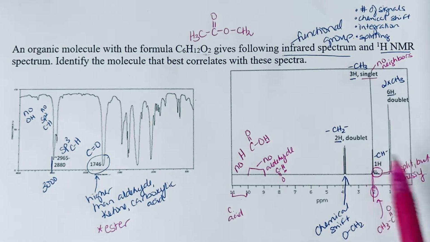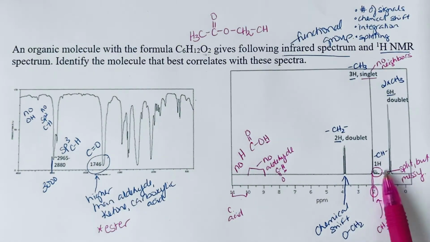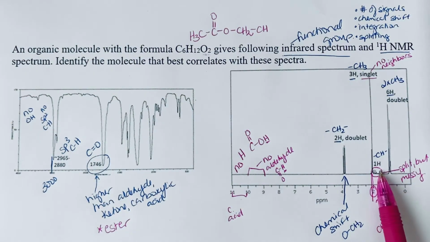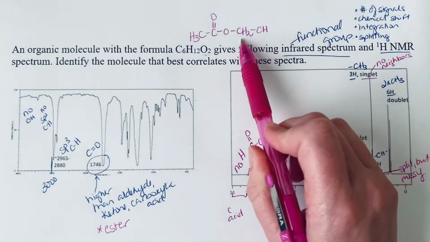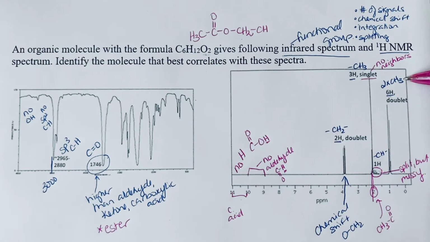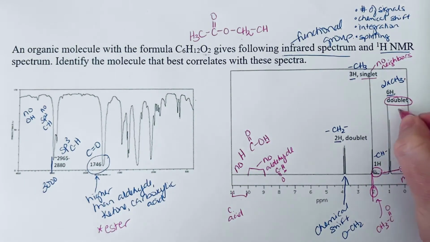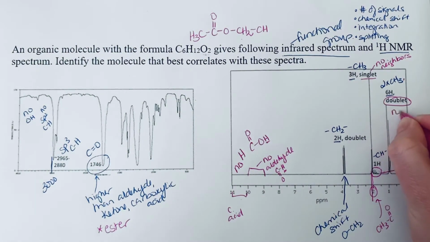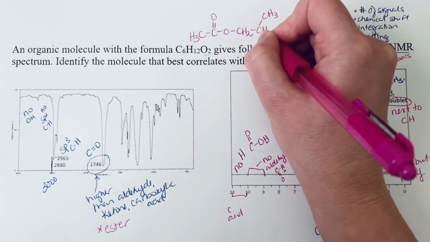So our only real choice here is to put the CH next. And now this messy splitting is starting to make sense because we've got it already next to the CH2 group, so it's 2 neighbors. And the only thing we have left to put onto this molecule are these CH3s. And if we pay attention to the CH3s, they are a doublet. So that means they're only being split by 1 hydrogen. So they are for sure next to that CH group or just attached to that CH group at the end of the chain.